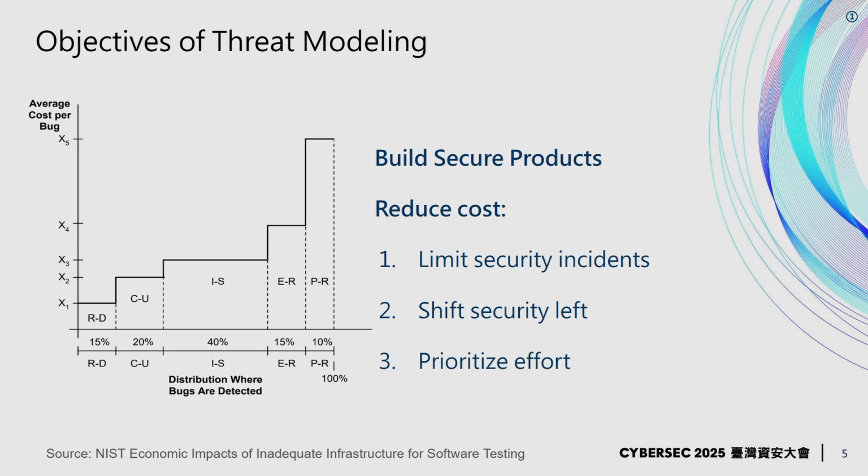We're all familiar with that. Bugs and security issues cost much more to be resolved later on in the software life cycle. This chart is from NIST, from already many years ago, and it's still valid today. And lastly, we want to focus our effort on what is really important, because we have limited resources, so we want to spend them wisely.